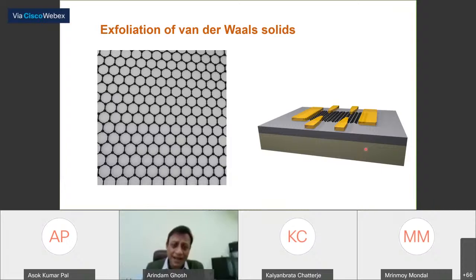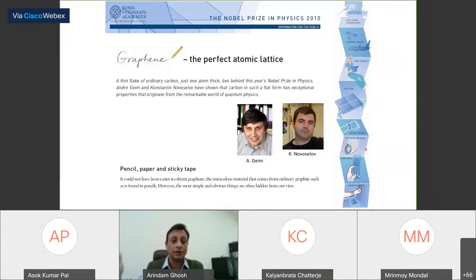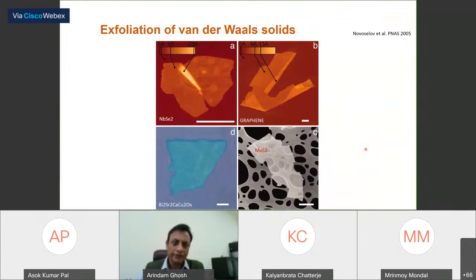And then what we realized is that it is not just graphene that can be created in a single atomic layer, but there is a large number of different materials which can be stabilized as individual atomic layers. Graphene, of course, is what you know. These are all created by the scotch tape exfoliation method, or peeling.